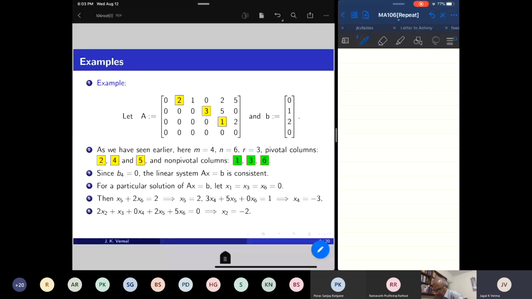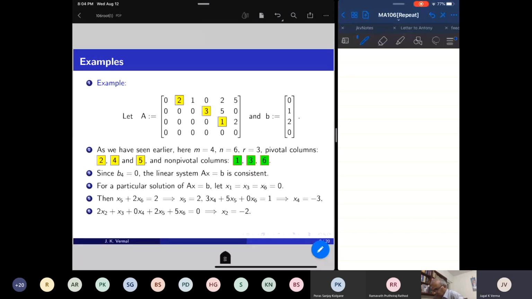So therefore, we go to the first equation. In the first equation, there is no x1. It begins with 2. So 2x2 plus x3 plus 0x4 plus 2x5 plus 5x6 equal to 0, right? That is the first row corresponding to the first equation, and this gives me the value of x2 as minus 2.